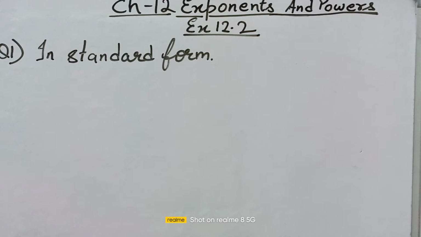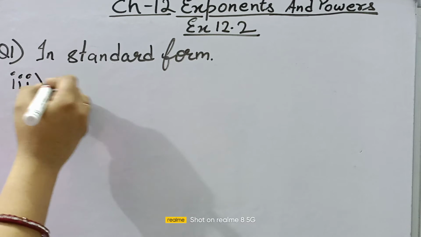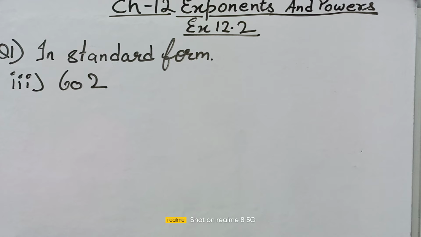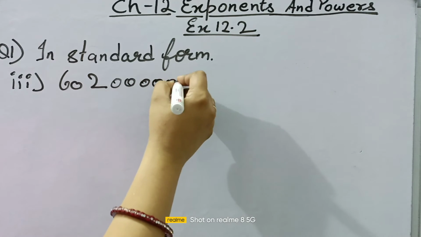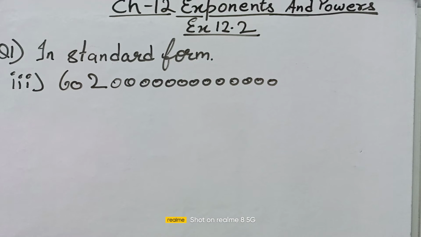Now let's understand the third part. It is written this number, and you have to write it in standard form. Now you can see there is no decimal.